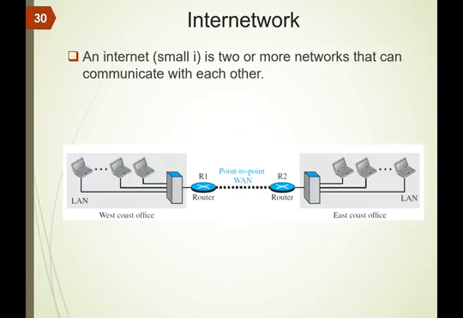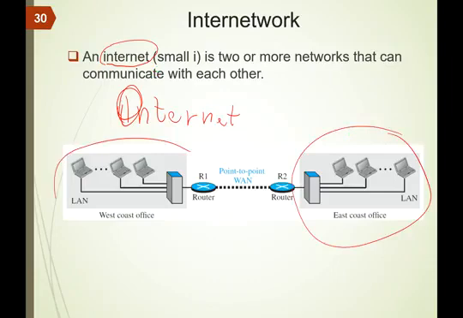To connect these devices we need internetwork. And internet, you see the term internet and the term Internet with capital I, we mean different. A small i internet is two or more networks that can communicate with each other. So this is a network, a WAN or a LAN, mainly LAN, and they connect to each other.